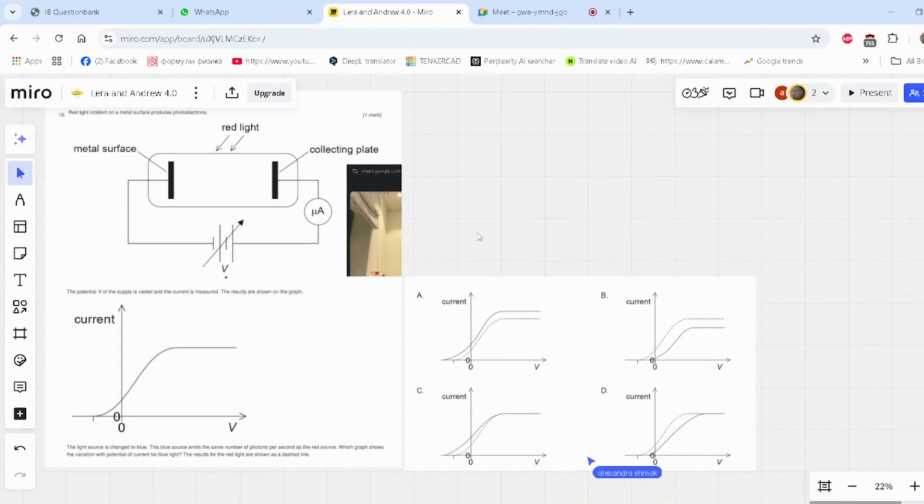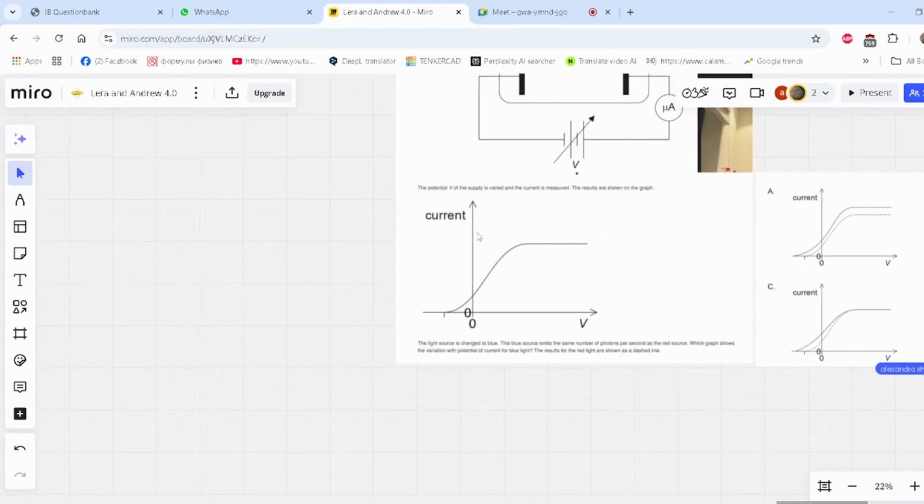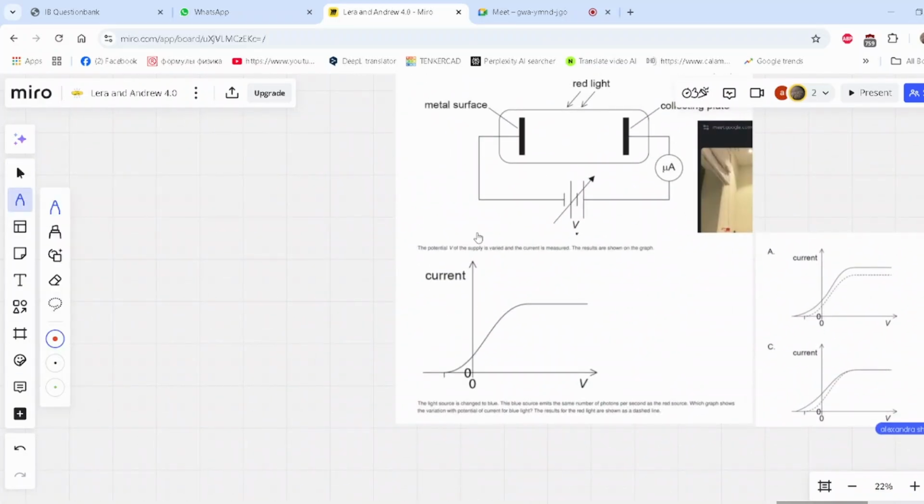Okay, again, we had red light before. Now we will have blue light. So is the energy more or less now? More, absolutely right. Blue light has more frequency, more energy.